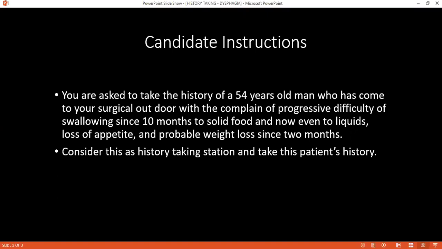Okay. Have you ever vomited blood? Yes, just twice. How many days before? Is it recent or since 6 months? The last time was only 2 weeks ago.